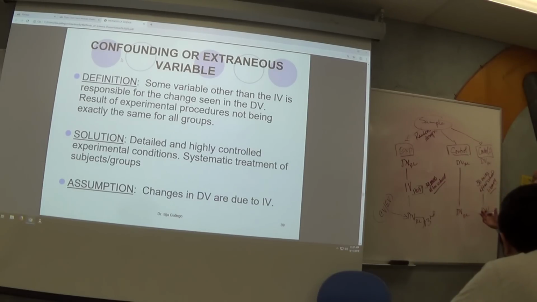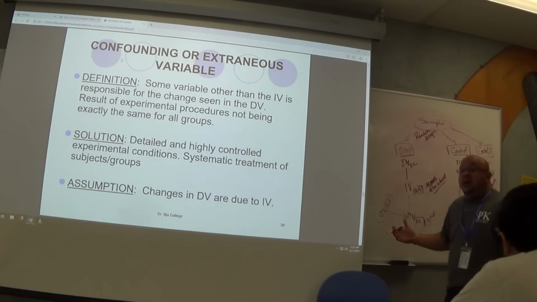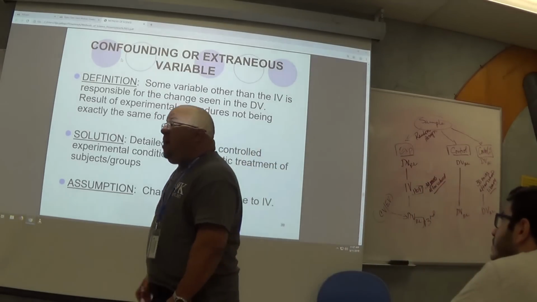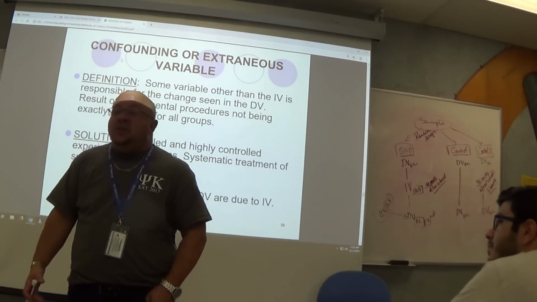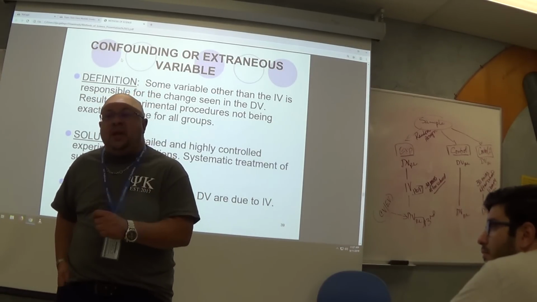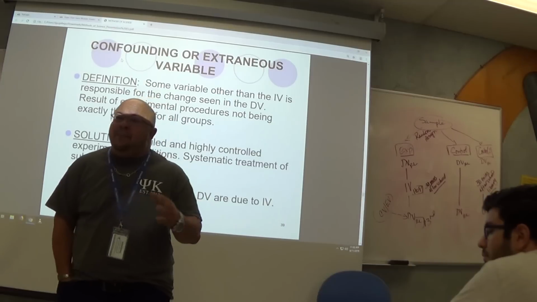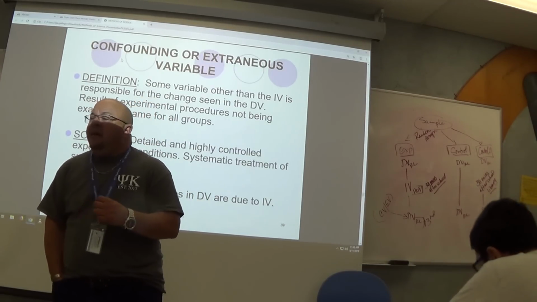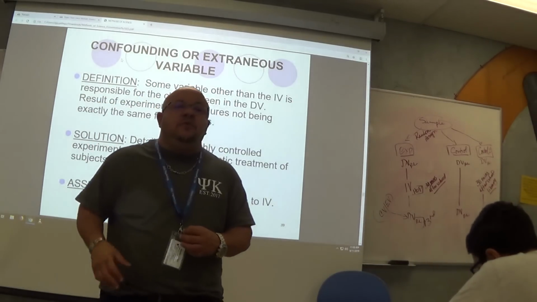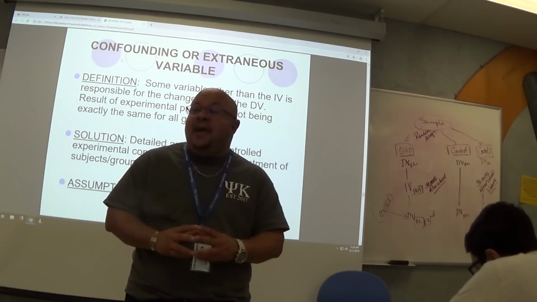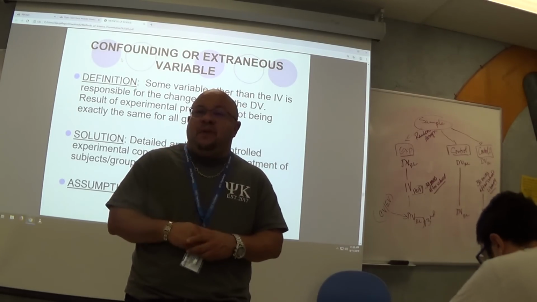Reading a library book is free, right? However, Hooked on Phonics costs money. So if I want to make sure that Hooked on Phonics is what's working, I have to make sure I separate it from anything else. The whole idea of an experiment is that we treat the groups exactly the same except for the independent variable.